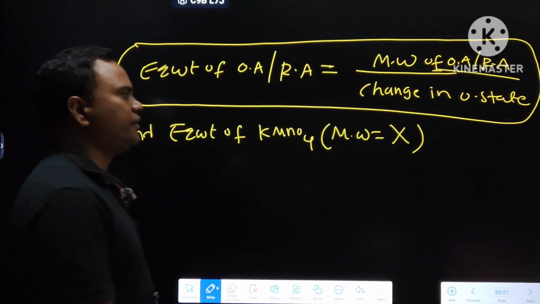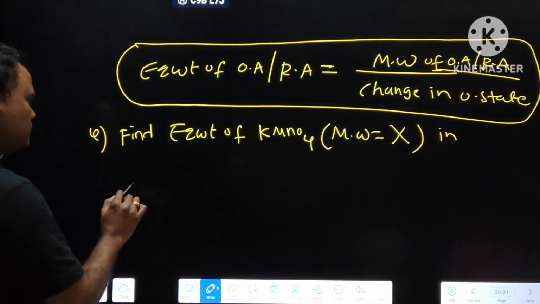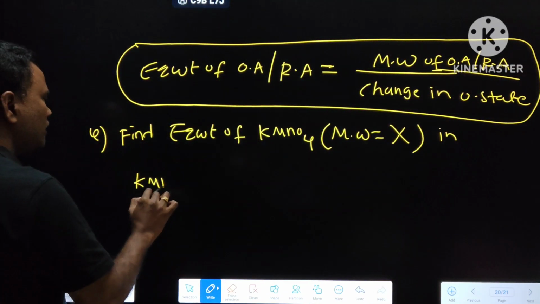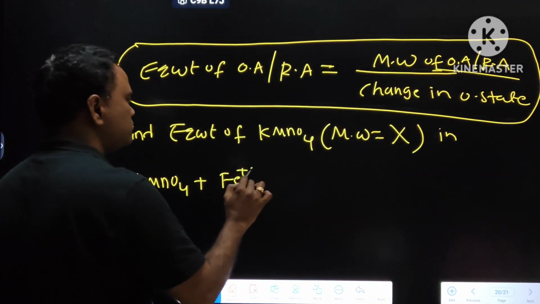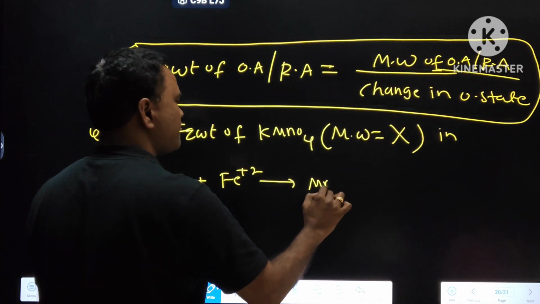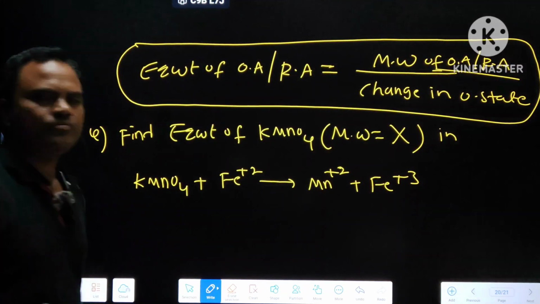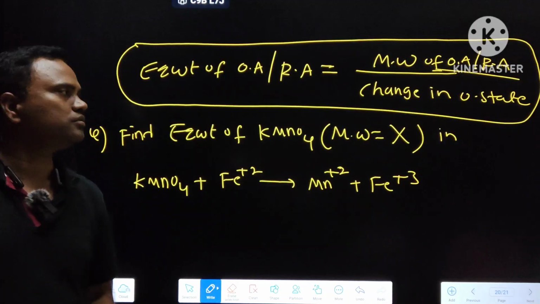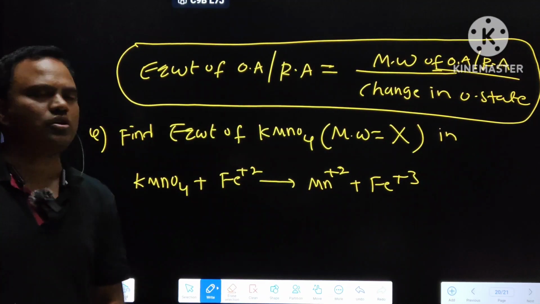They considered the molecular weight as X in the following reaction: KMnO4 plus Fe+2 gives rise to Mn+2 and Fe+3. Molecular weight is given already, capital X. Find the change in the oxidation state.